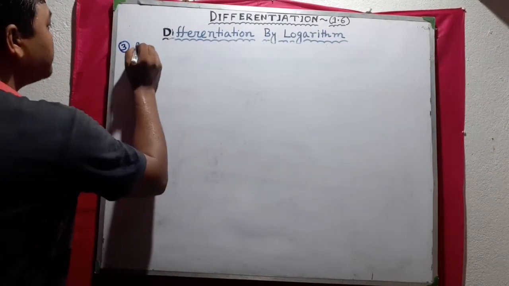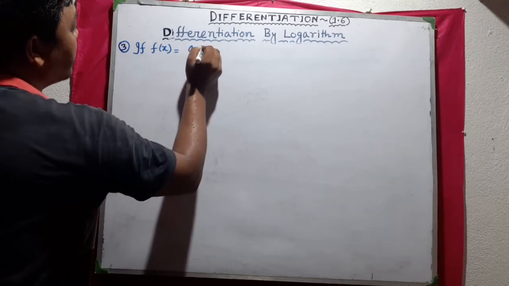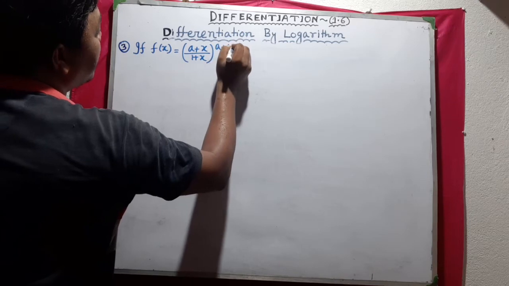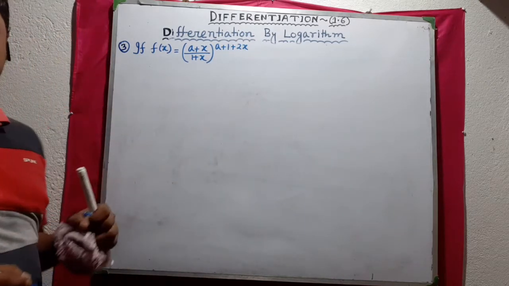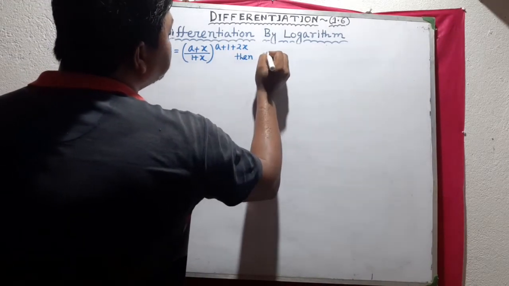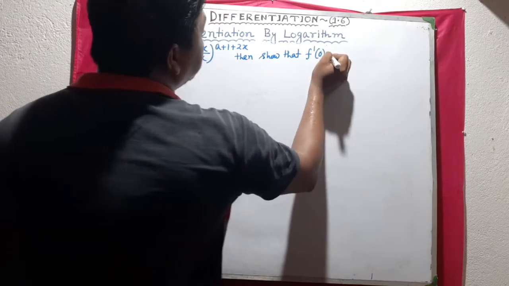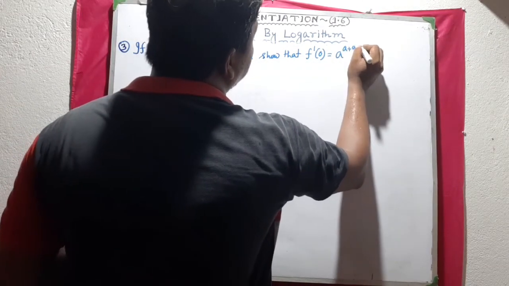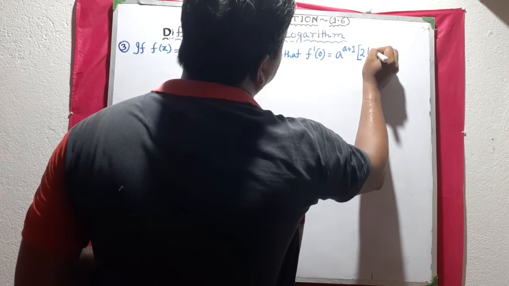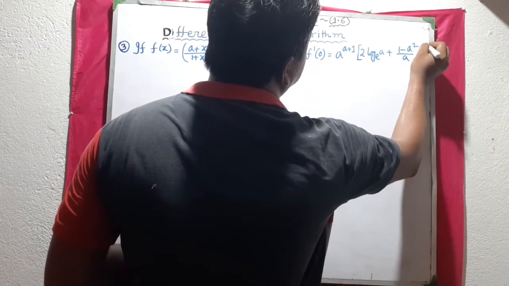If f(x) equals ((a plus x) by (1 plus x)) whole to the power (a plus 1 plus 2x), then show that f dash 0 equals a to the power (a plus 1) into (2 log a base e plus 1 minus a squared) by a.